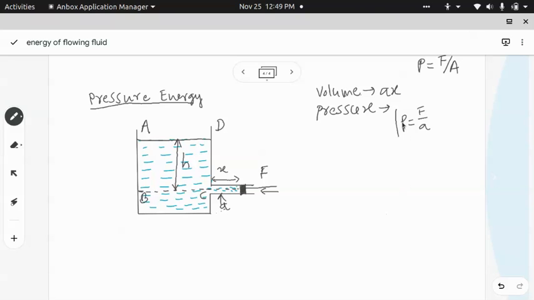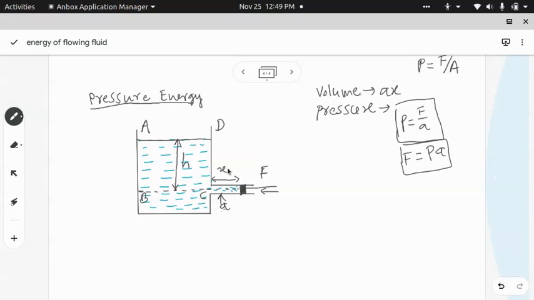So F upon small a will be your pressure, and if that is so, what can you write for the force? Force equal to pressure into area. I will derive the equation for force also. Okay, force equal to pressure into area. So what can we write for the work done? Because force is applied and displacement occurred.